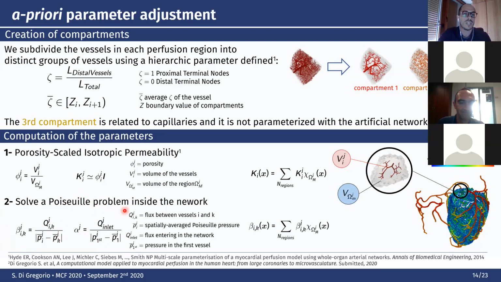In a similar way, we estimate the parameter alpha j as the ratio between the flow going inside the intramural vascular network over the difference between the pressure at the inlet of the intramural vascular network and the average pressure in the first compartment. Both K_i and beta_k are piecewise constant inside the myocardium, which means that they are constant inside each perfusion region, but they assume different values across the myocardium.